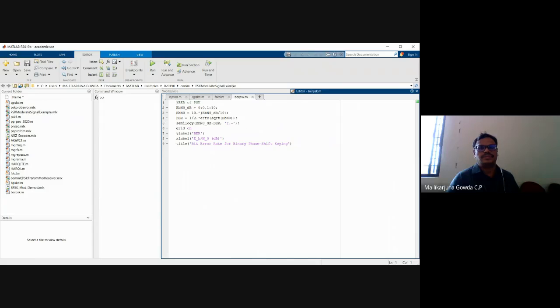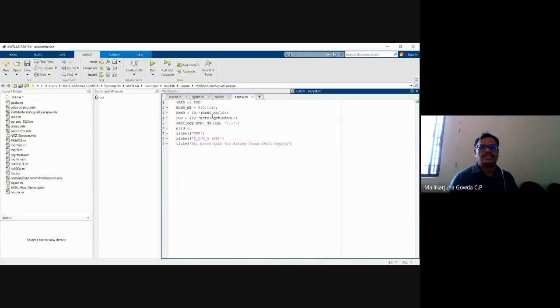We have derived the expression for each of the modulation techniques. What is the expression for average probability of error? PE is equal to 1 by 2 erfc of root of 2 Eb by N0, that is for BPSK. I might have told that in terms of the Q function also, that is, P is equal to Q of root of 2 Eb by N0, right?